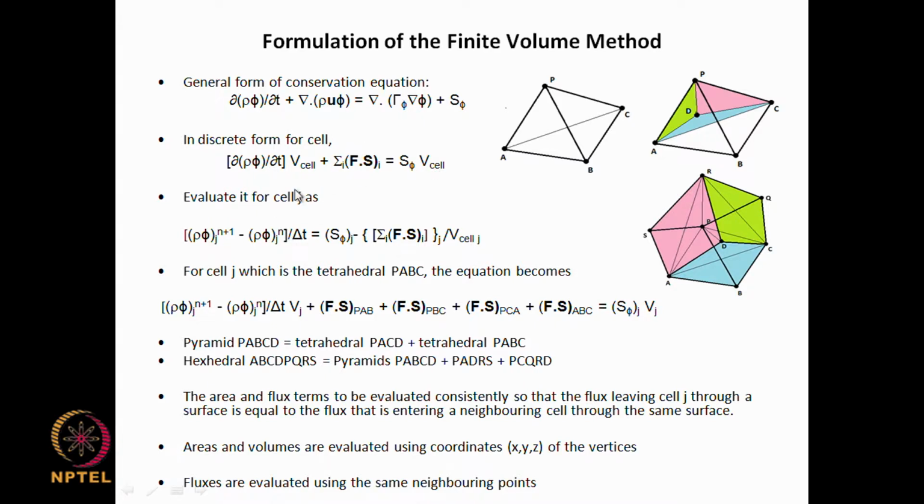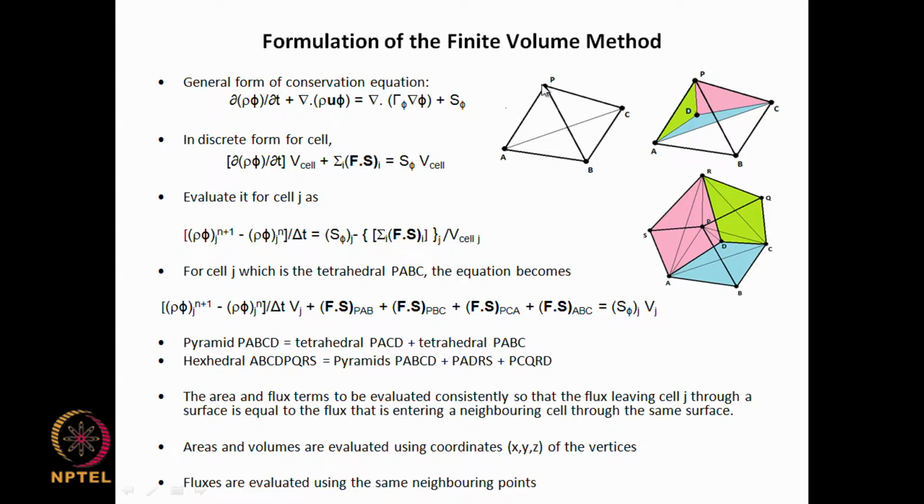You take the volume of the cell onto this side, and so you have S phi for cell j, the source term for cell j, and we have taken this onto the other side, minus the sum over all faces of F dot S for the cell j divided by the volume of the cell j. Okay, so this volume is being brought forward here.